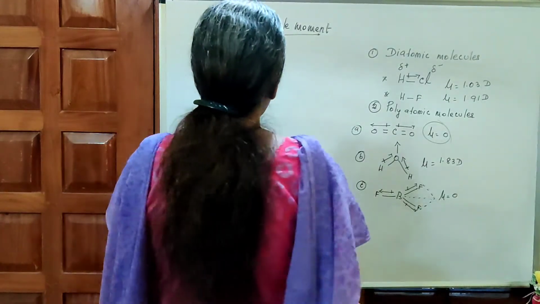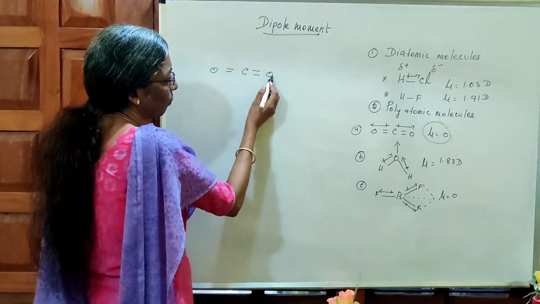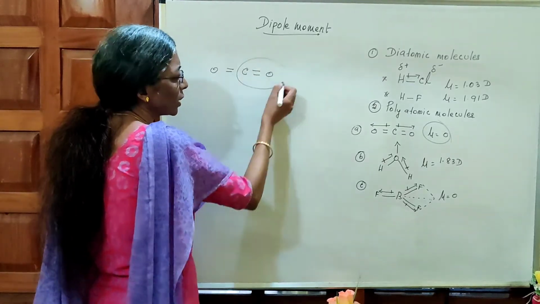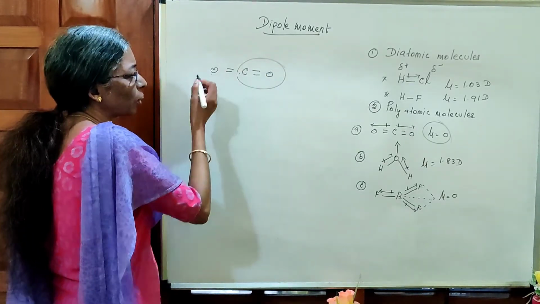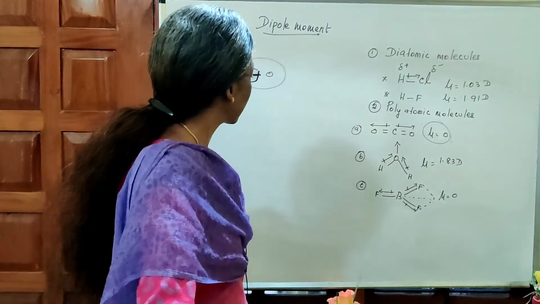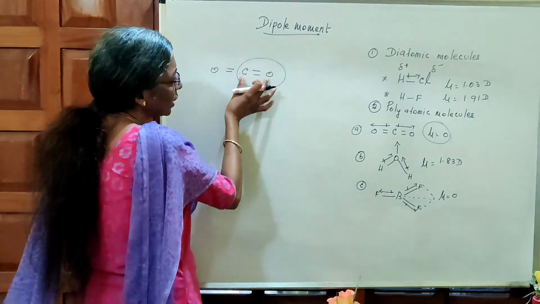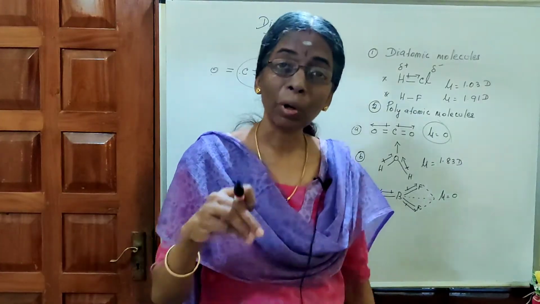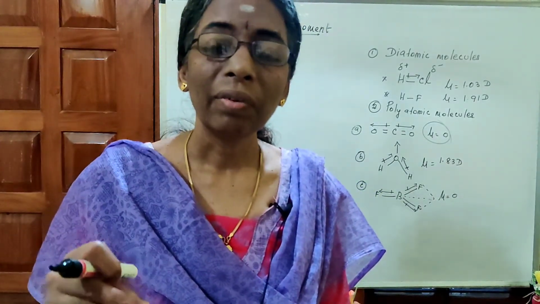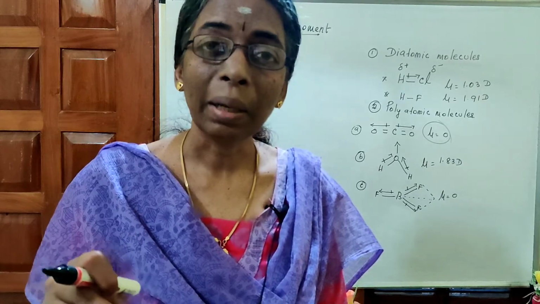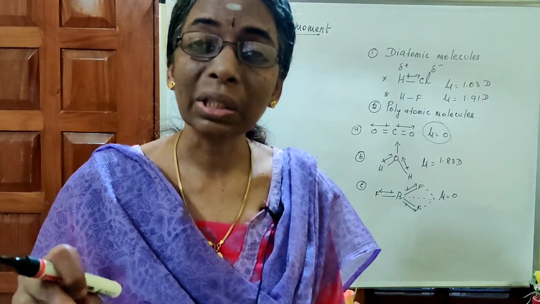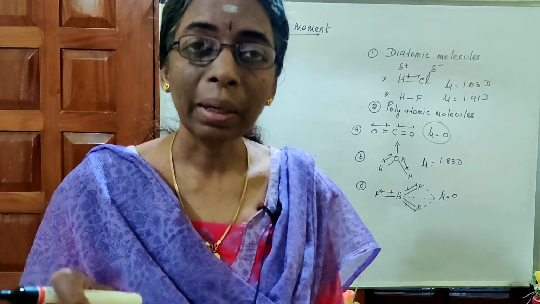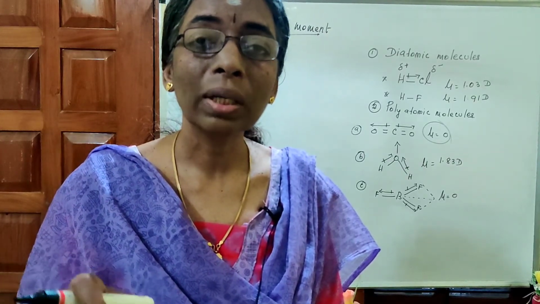So you see here, this C double bond O is polar, and this C double bond O is also polar. When we calculate the dipole moment in a polyatomic molecule, we calculate the dipoles of each individual bond. These individual bond dipoles are called bond dipoles.